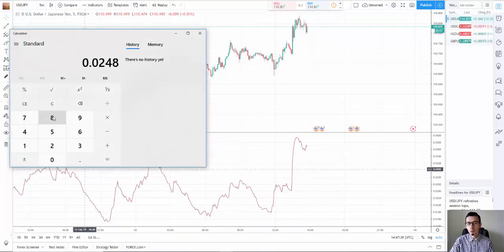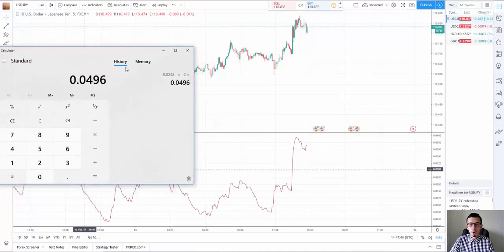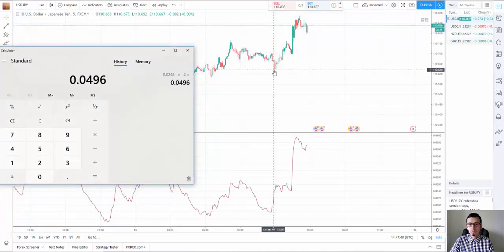0.0248. What's the formula? We multiply it by 2. And this is the value I am going to add to or take away from the current market value. So what was the current market value? Let me go back here again.